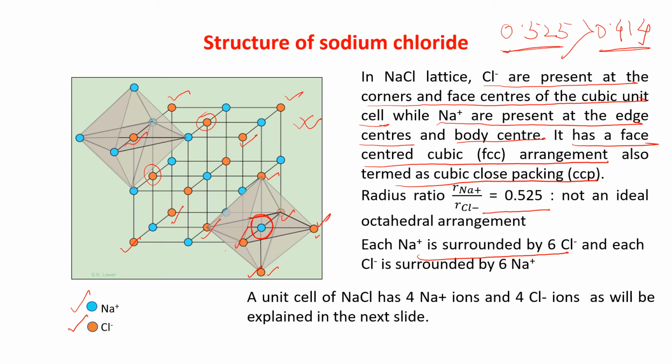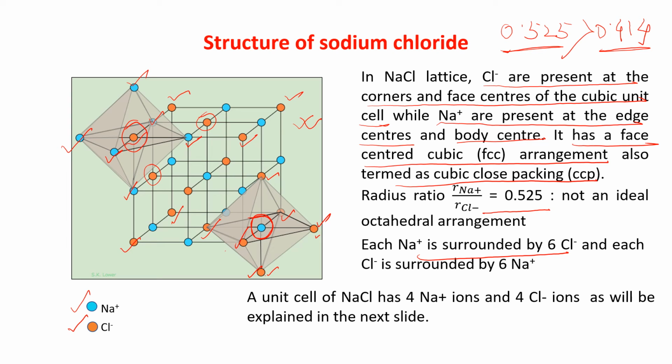So its coordination number is 6. Now come to the chloride ion. See, this chloride ion is also surrounded by 1, 2, 3, 4, 5, 6 sodium ions. So the chloride ion is also surrounded by 6 sodium ions.